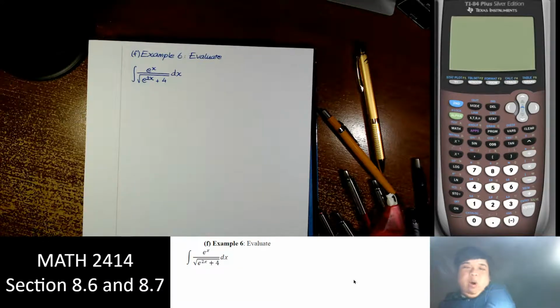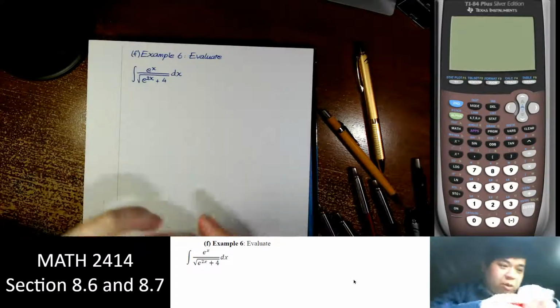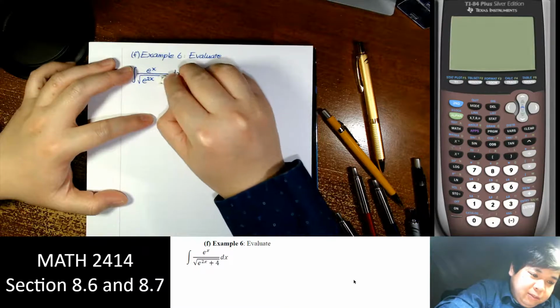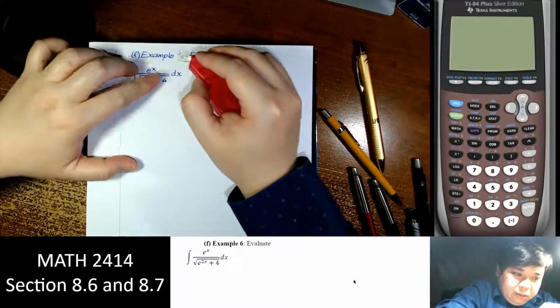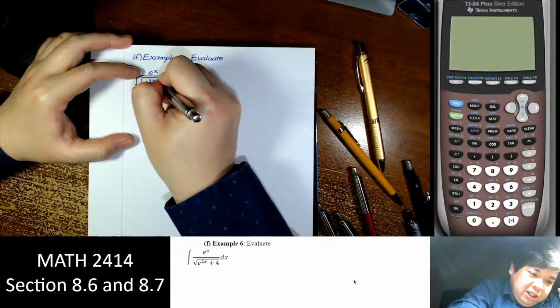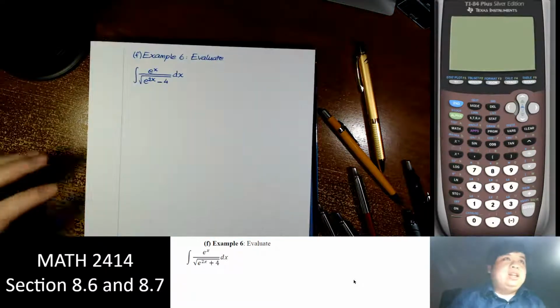Just have some variety of problems. So I change this plus to a minus. Just want to have some variety in the problem. We have the plus already. Let's do a minus.